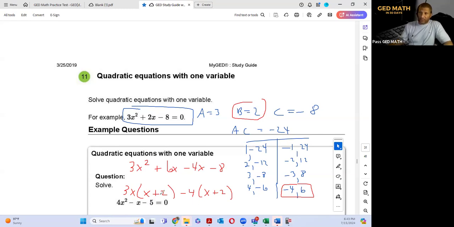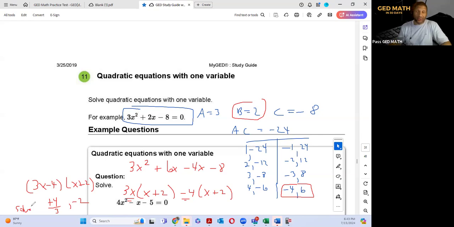We share a factor of x plus 2. I can now combine these two, so I get 3x minus 4 times x plus 2. That's how you would factor. Solve it, and the solutions would be positive 4 over 3 and negative 2.